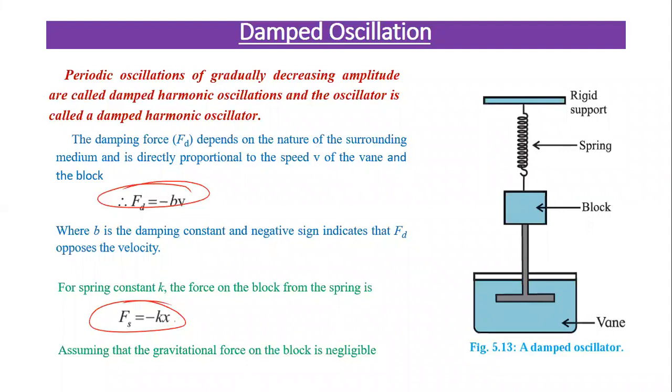Now we can write the total force acting on the mass, or on the block. Total force is what? The damping force plus the force due to the spring. Let me substitute both formulas. So we get ma is equal to the damping force and the force due to the spring, or restoring force.